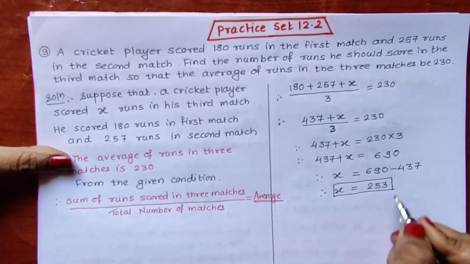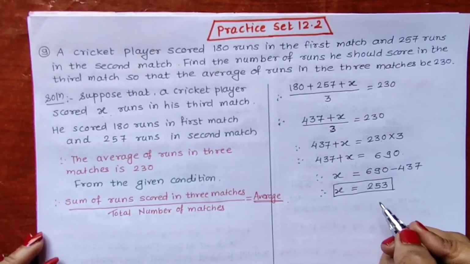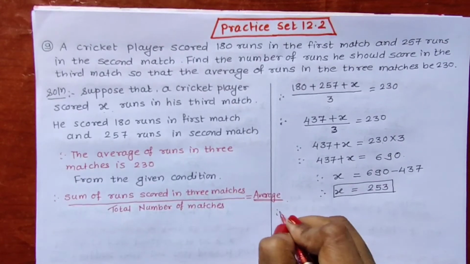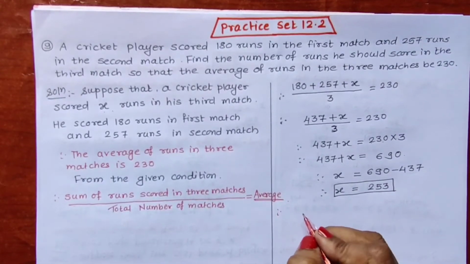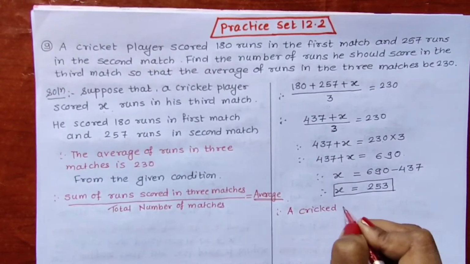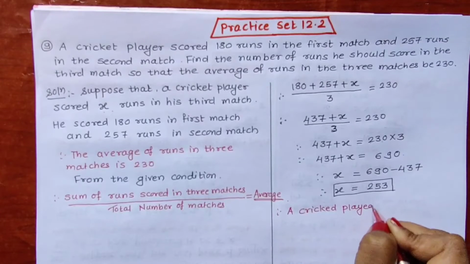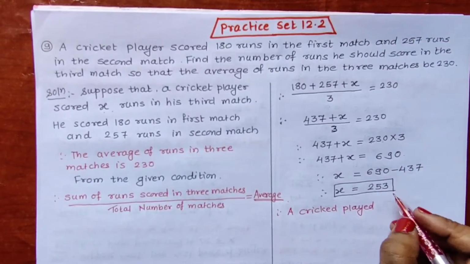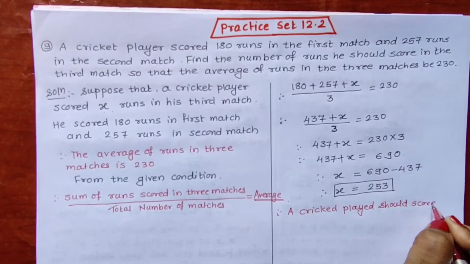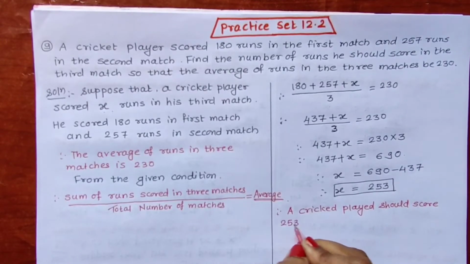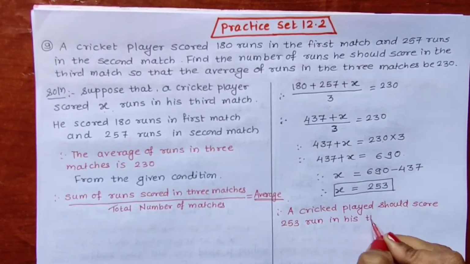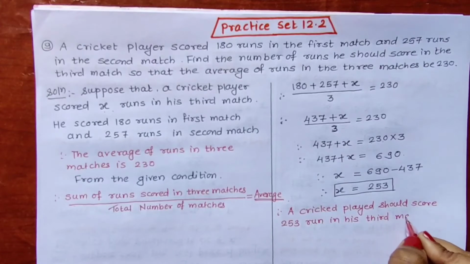That means we have got the number of runs he has scored in his third match. Therefore, the answer statement we can write: a cricket player should score 253 runs in his third match.